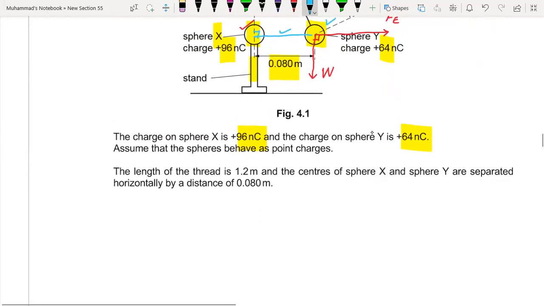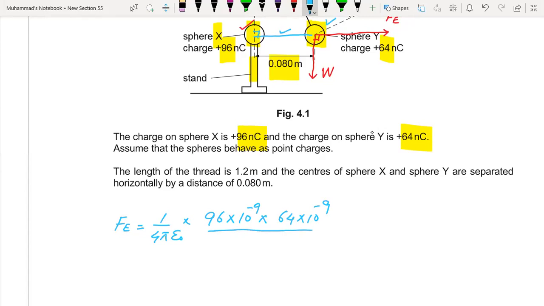And the electric force over here will be 1 over 4 pi epsilon naught times Q1, that is 96, and we have to convert this charge into coulomb to find the force in Newton. Nano is 10 power minus 9. Times 64 times 10 power minus 9, divided by the distance between their centers, which is 0.080.